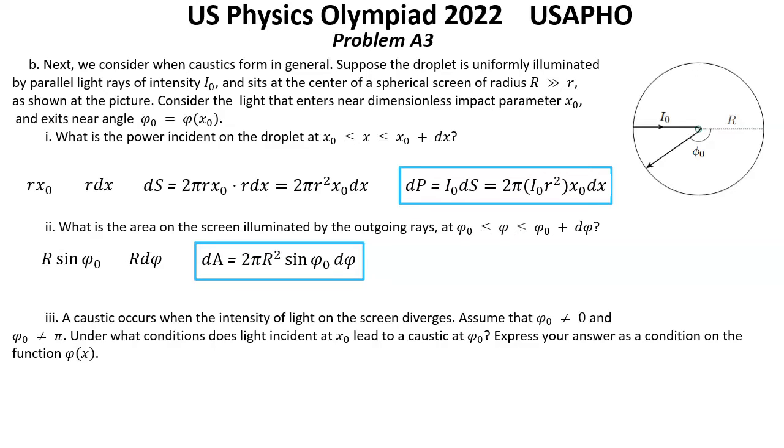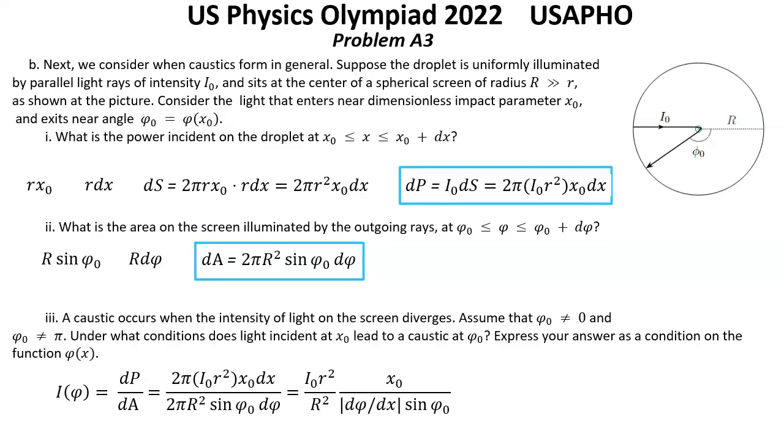By dividing our two answers, the first one by the second one, we find the intensity on the screen, delta P over delta A, which is I0 r² over R² multiplied by x0 over (dφ/dx) multiplied by sine φ0.